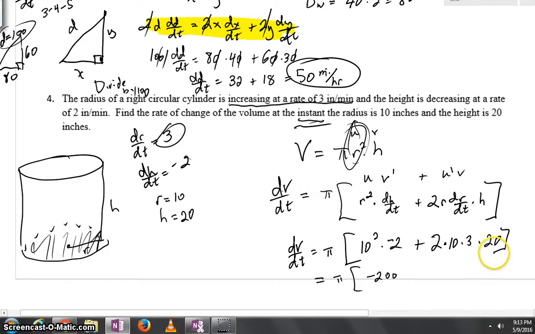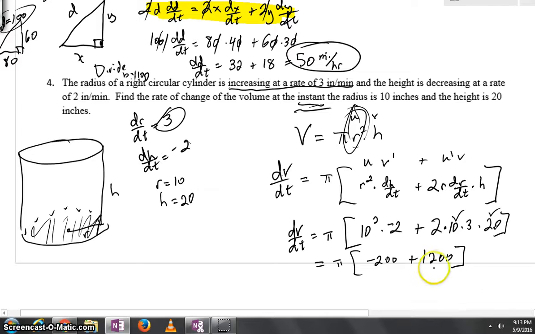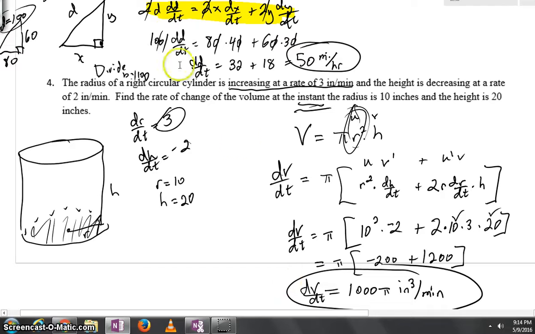And as we're working through all this, 10 times 20 is 200. 2 times 3 is 6. 6 times 200 is 1200. So, of course, 1200 plus negative 200 is 1000. We'll have 1000 pi. This is our rate of change for volume. So we have cubic inches per minute. And we are done.